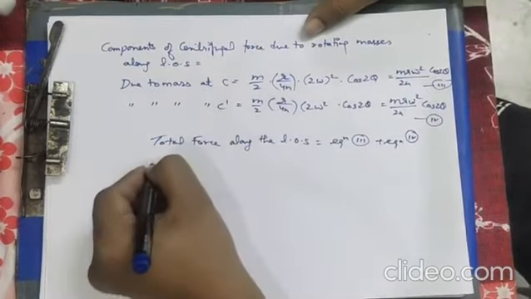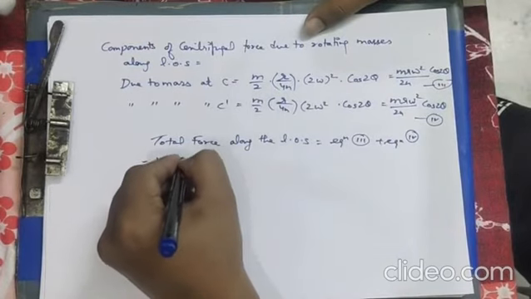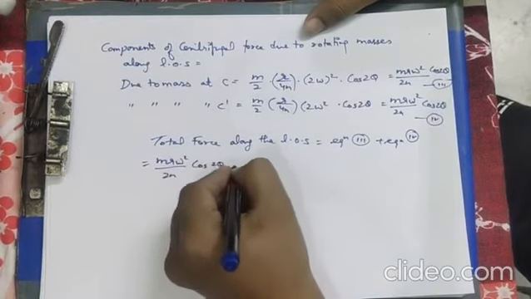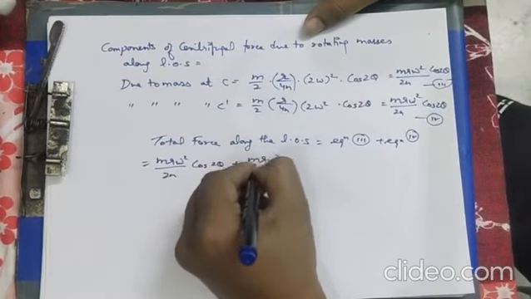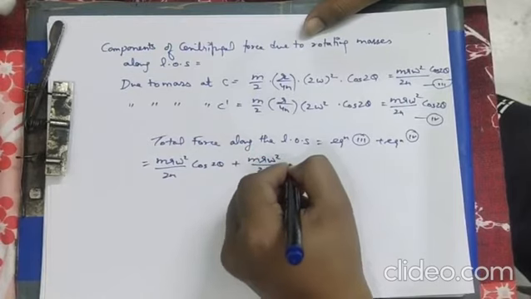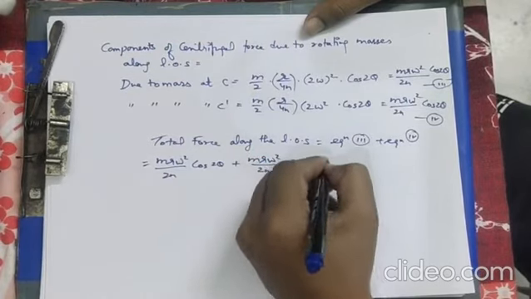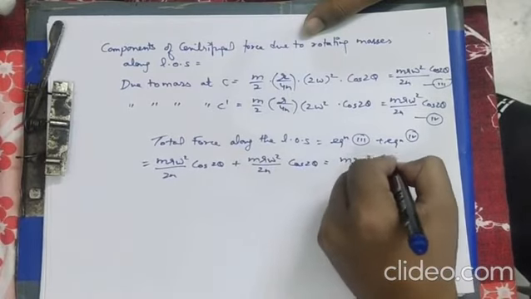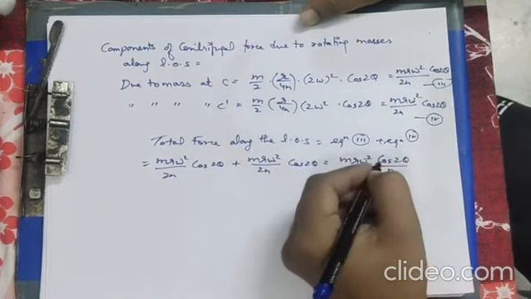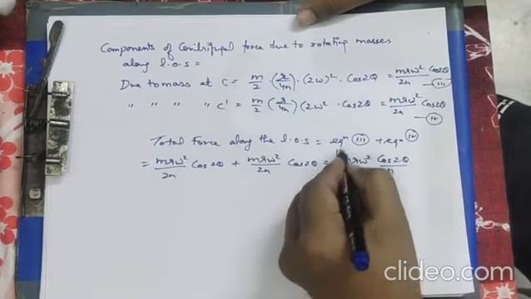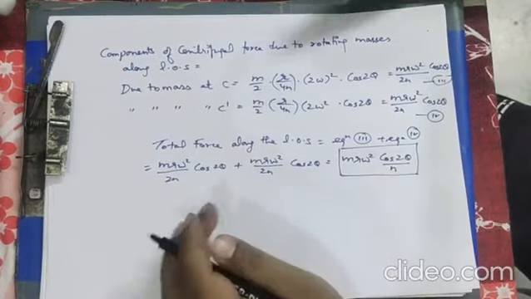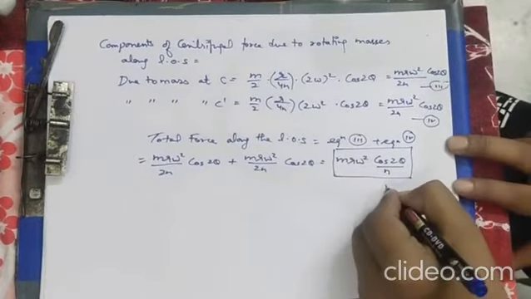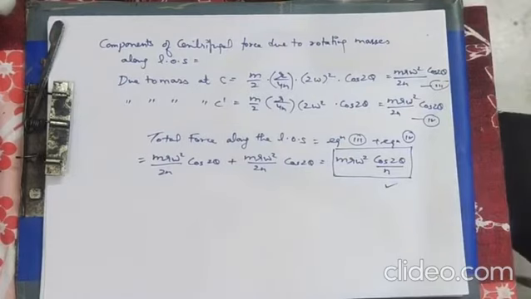So it will come out to be how much? mr omega square upon 2n cos 2 theta plus mr omega square upon 2n cos 2 theta, which is mr omega square cos 2 theta upon n, which is equal to the secondary force. This method can be used to find the forces in several different types of radial engines.